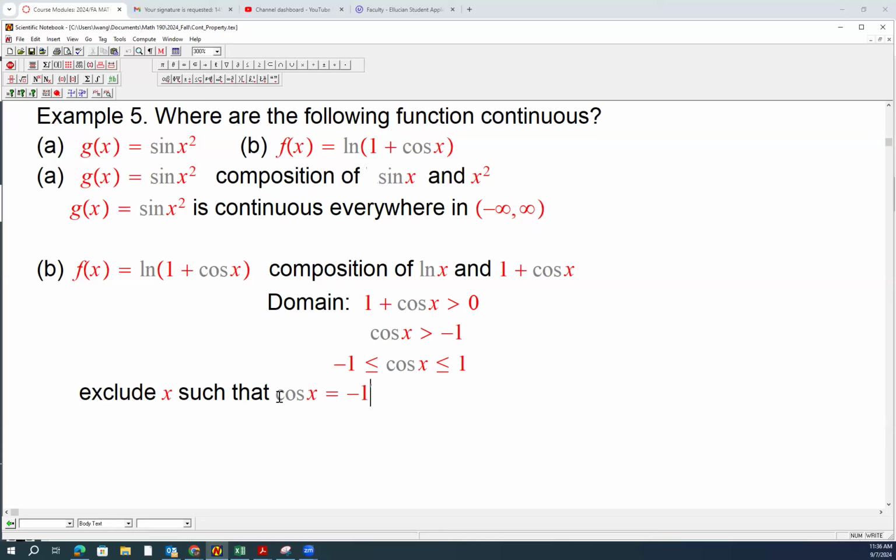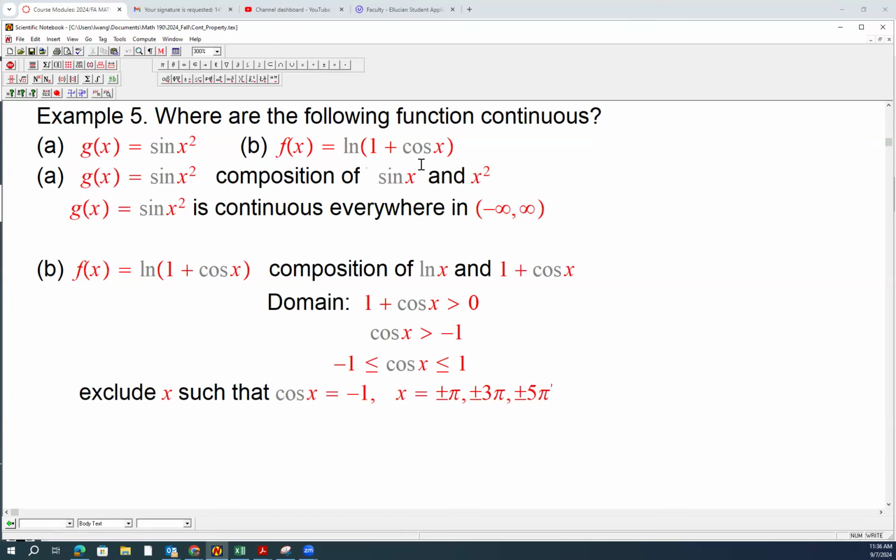So what values will cause cosine x equals -1? Well, cosine is an even function, so x equals plus or minus pi, plus or minus 3 pi, plus or minus 5 pi.